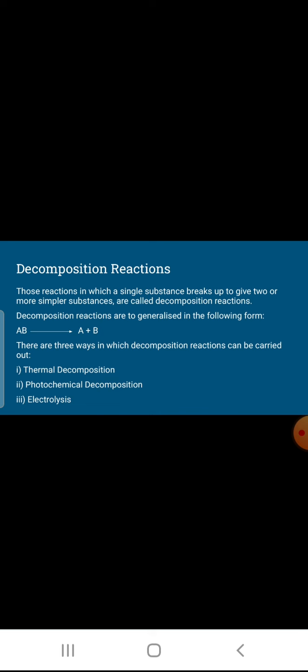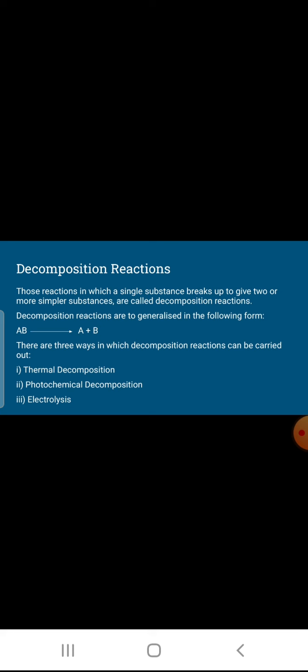Next reaction is the decomposition reactions. Here, a single complex compound breaks down to produce two or more simpler substances. General reaction, here AB reactant will decompose to give product A plus B. This reaction is opposite to combination reactions.